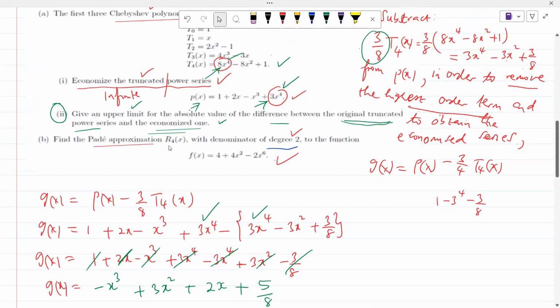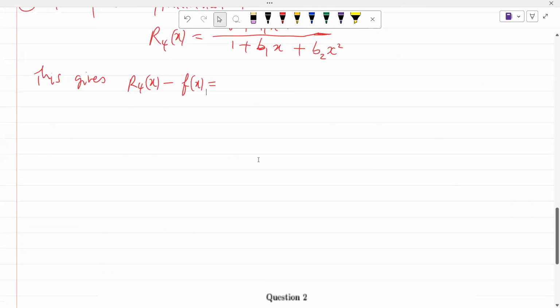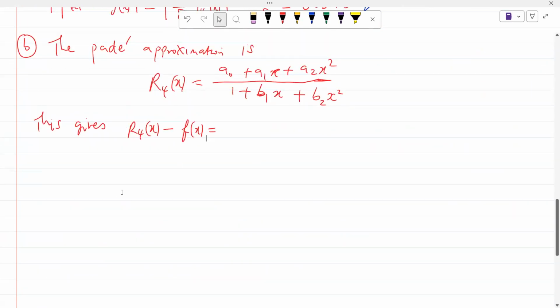They said find a Pade approximation R4 of x with the denominator of degree 2 to the function this one. So you take R4, because the Pade approximation R4 to the function f, so you obtain the difference.